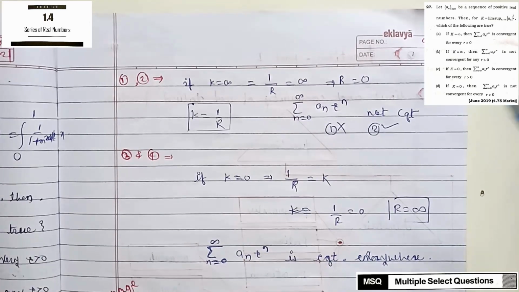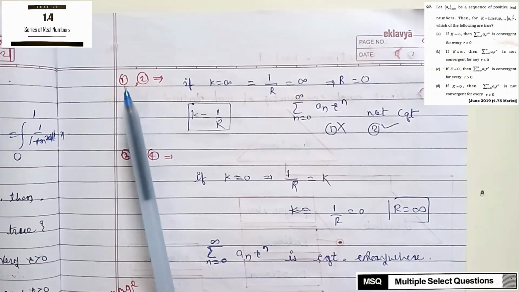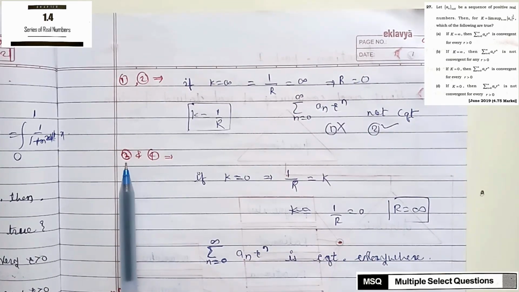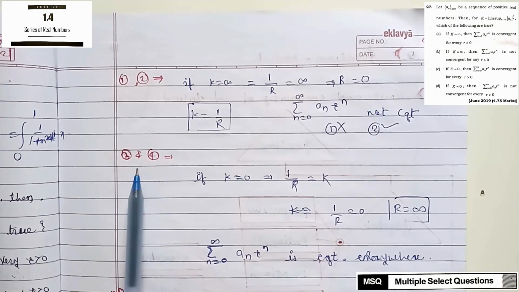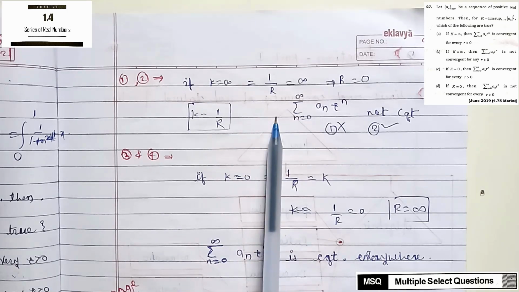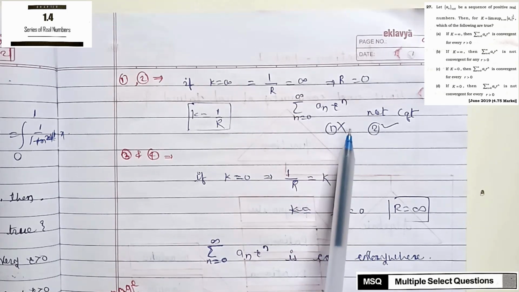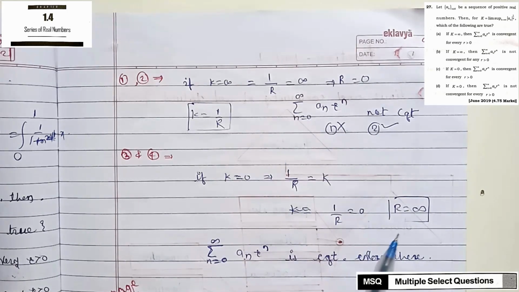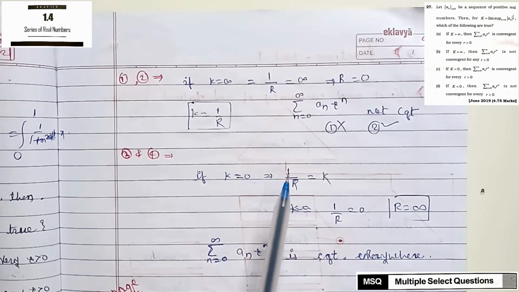In my solution, I solved the first two options together, and the third and fourth options together. Within the first two, the first is discarded and the second is correct. Within the third and fourth, the third is correct and the fourth is discarded.